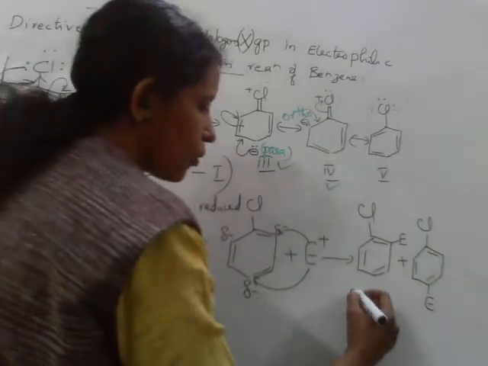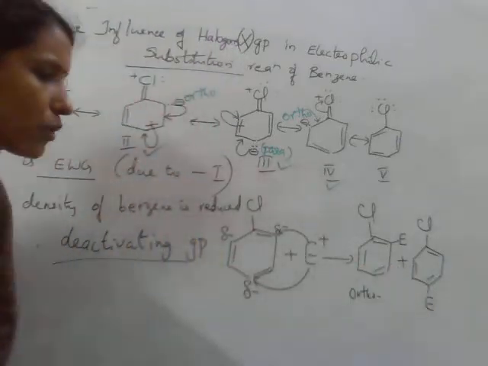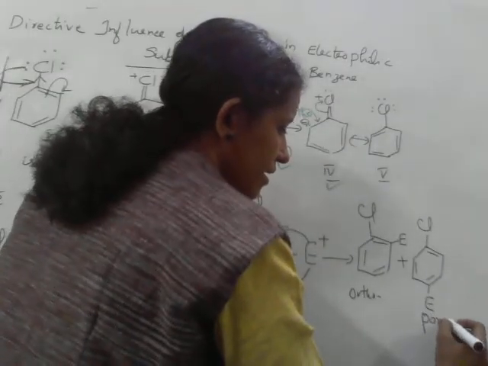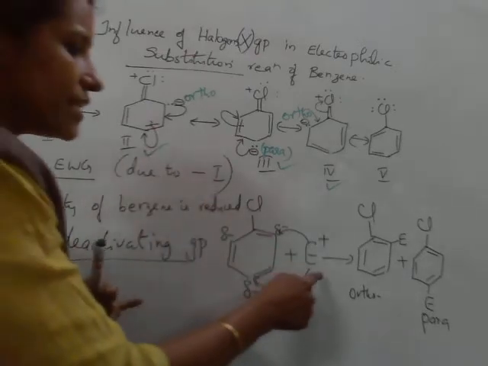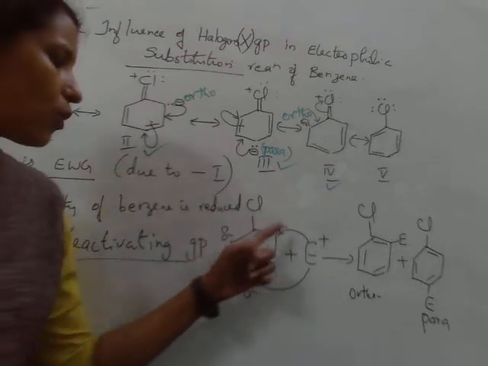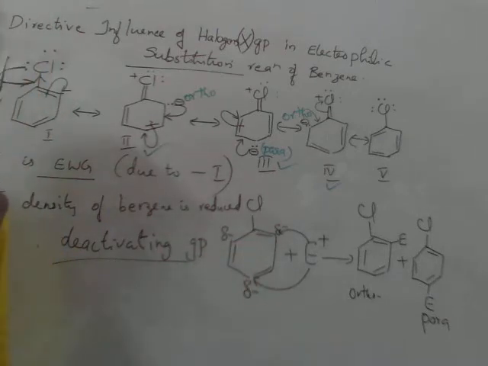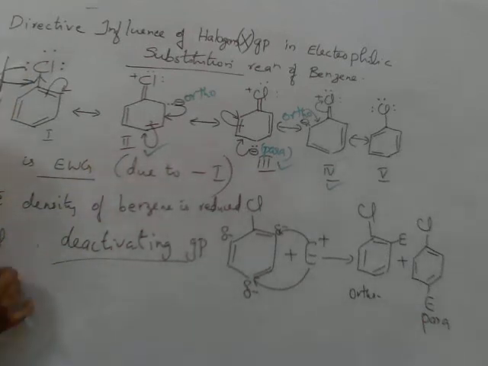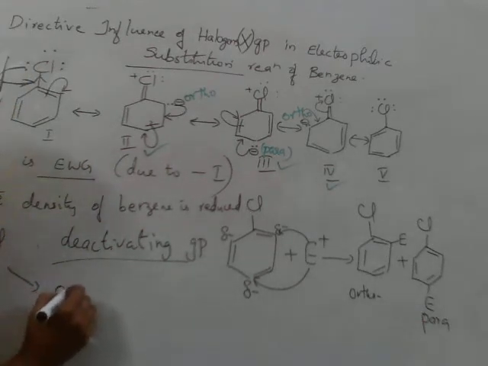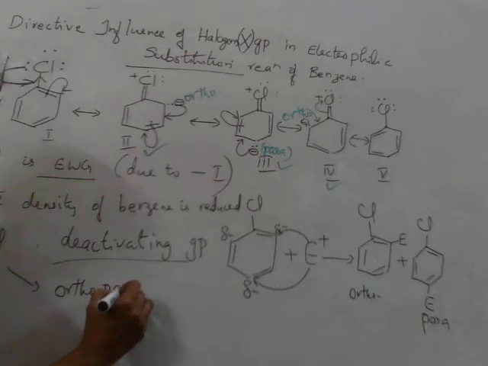So we get an ortho substituted product and a para substituted product. That means chlorine directs the incoming electrophile towards the ortho and para positions. That means the chlorine atom is ortho para directing.